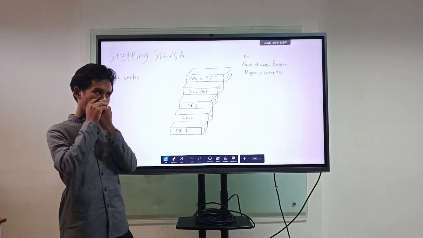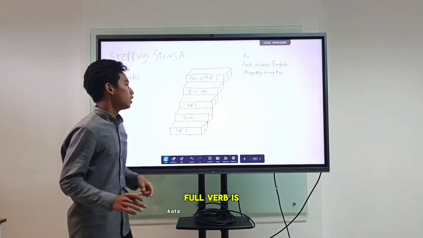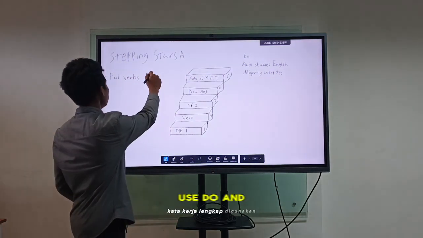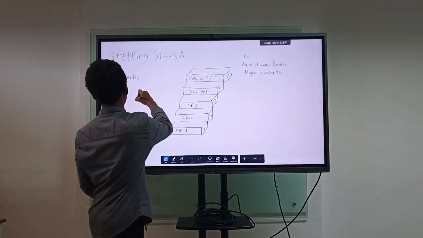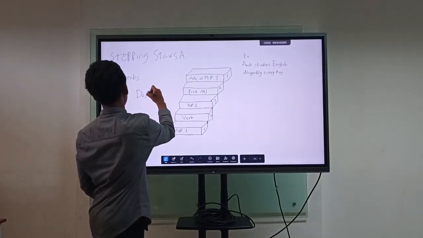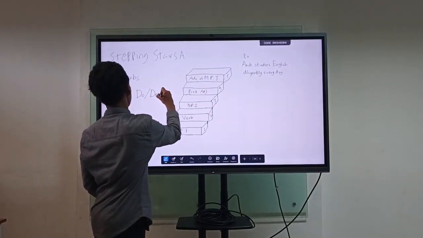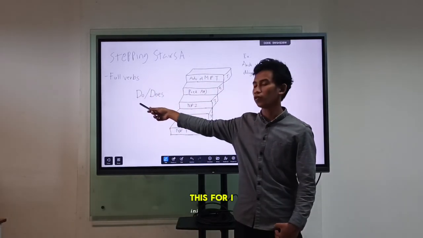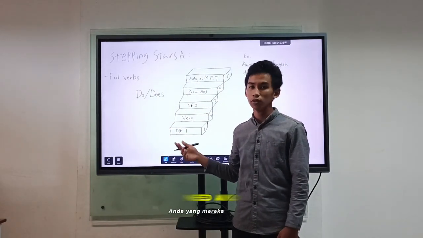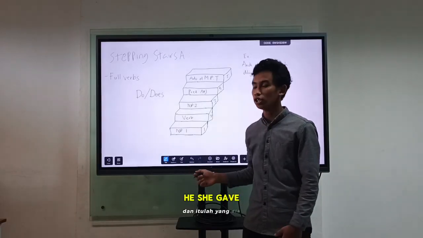First, full verbs use do and does. Using do and does for simple present: do is for I, you, they, we, and does is for he, she, it.